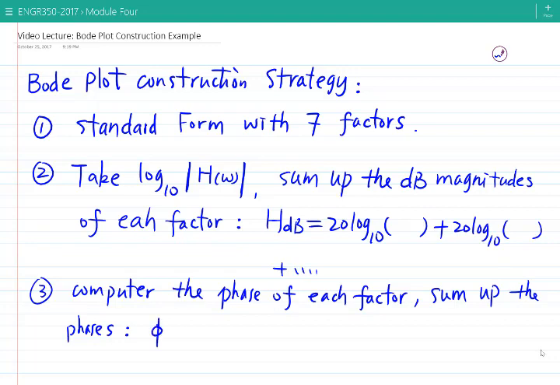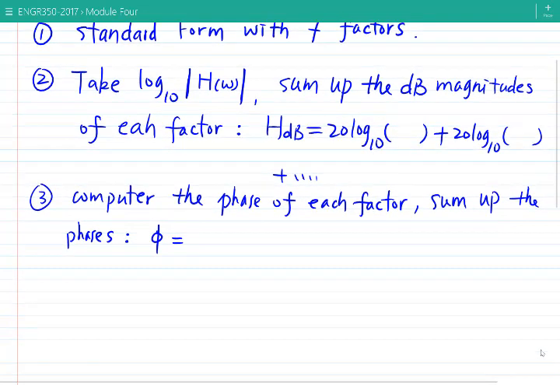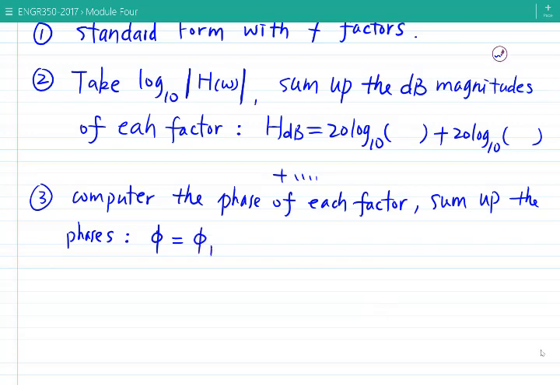So the total phase angle of the transfer function is equal to the phase angle of each factor, and we sum them up.